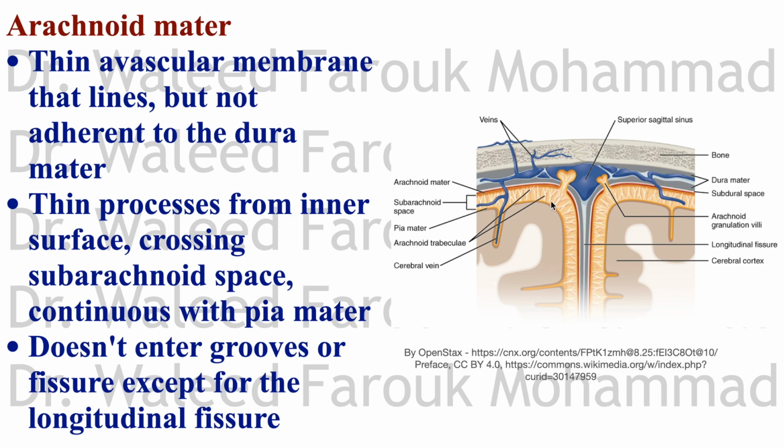It has internal extensions that connect to the underlying pia mater through the subarachnoid space, and at the superior sagittal sinus it has projections called the arachnoid granulations, essential for the drainage of the CSF. It continues, of course, with the dura through the foramen magnum as the arachnoid mater of the spinal cord.